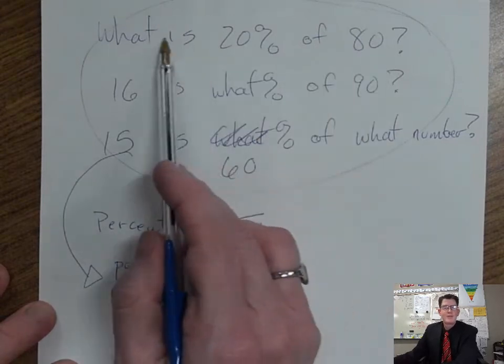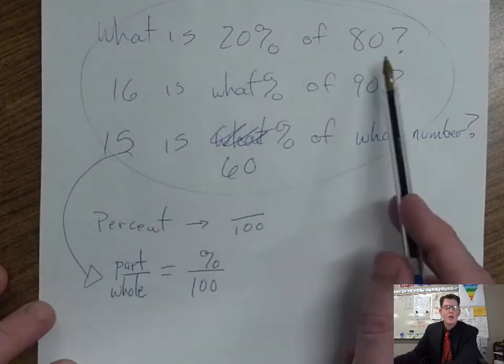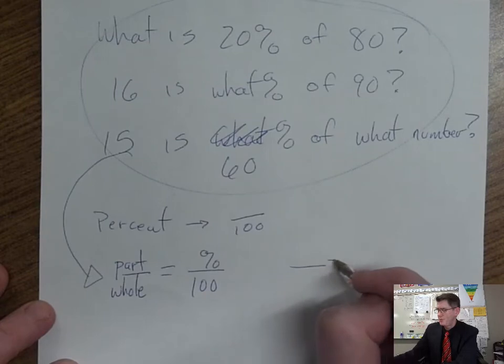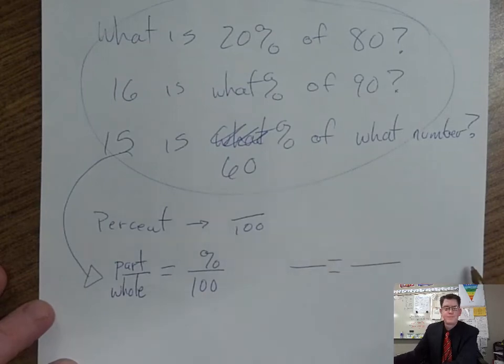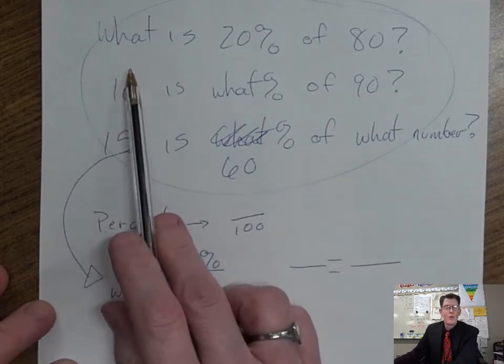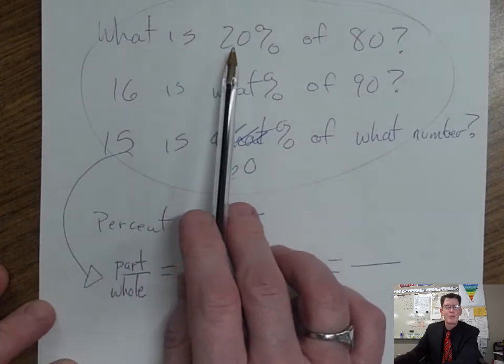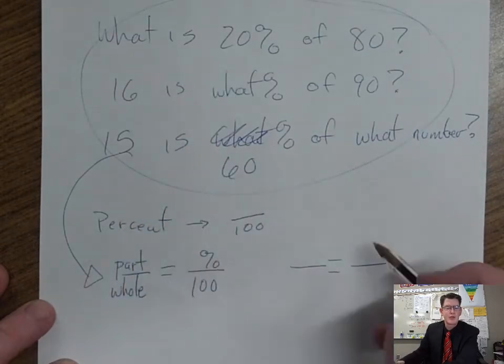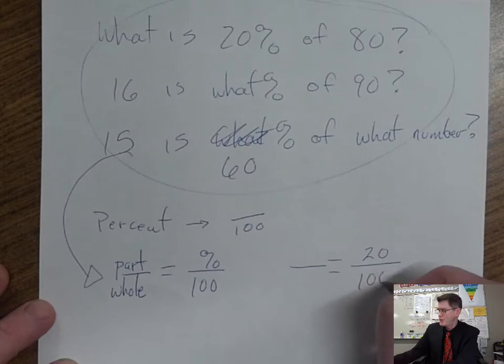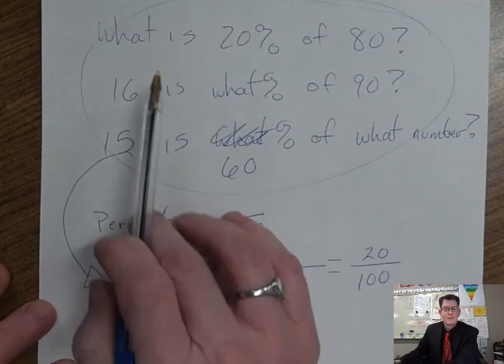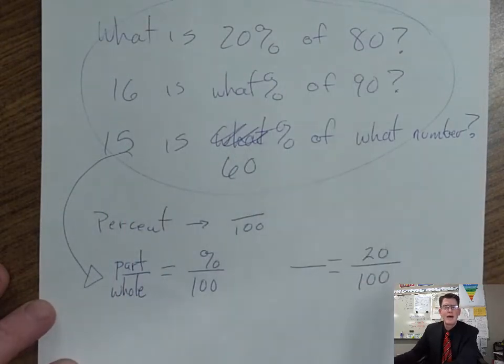In this first problem, what is 20% of 80? Well, we just write the proportion. Oh, I know where the 20% goes. That goes right here. Whatever the whole amount that's being talked about, whichever of these amounts is the entire amount, that goes in the denominator.